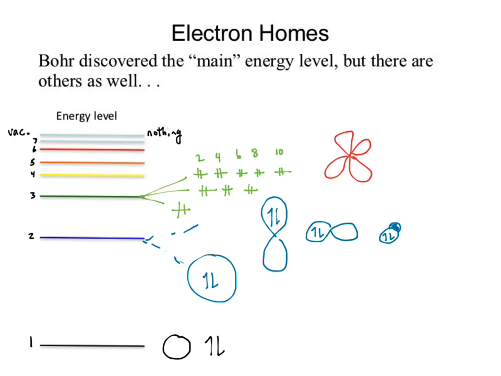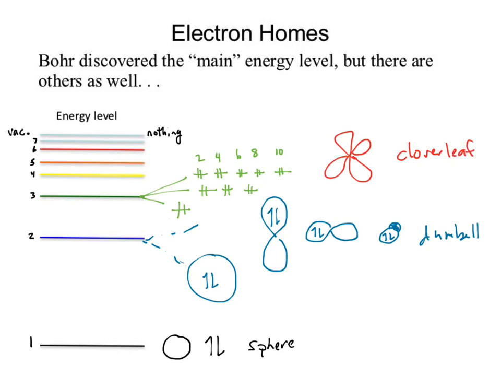I already started to allude to some different kind of terms that came out of this. We called that bottom one the sphere, because it looks like a sphere. That weird lobey one, we called a dumbbell. What about the red one? We'll call that a clover leaf.